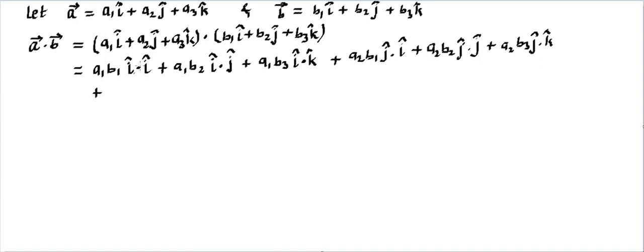Now 3 terms are left with this a3 k cap to be multiplied. So this will become a3 b1 k cap dot i cap. Then it will be a3 b2 k cap dot j cap. You can multiply at your own pace, and then finally it is going to be a3 b3 k cap dot k cap.